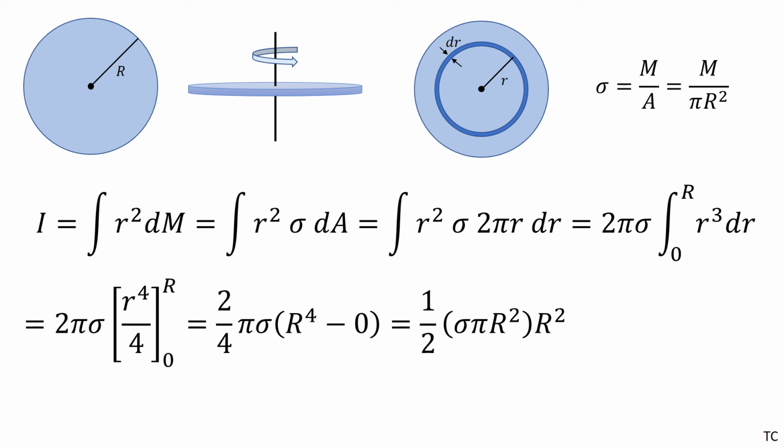You'll notice here that pi R squared is the area of our disk, and once you get into this form of 1/2 sigma A times R squared, you'll notice that we've defined sigma to be our areal density, so mass over area, and in that way sigma times A is our mass. So from that step, you can get to the final result that the moment of inertia of a solid disk through its center is 1/2 mR squared.